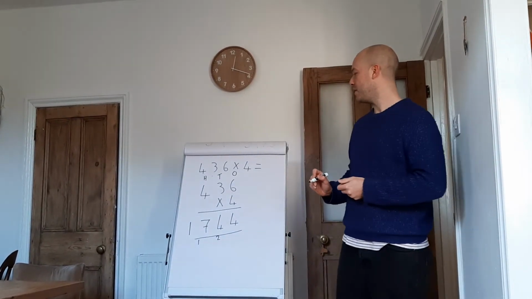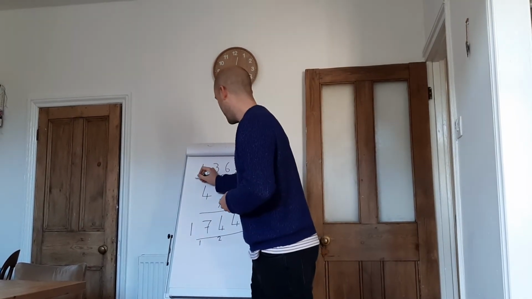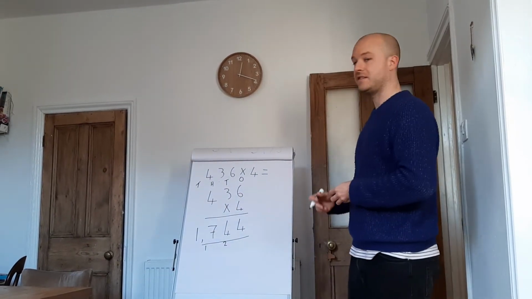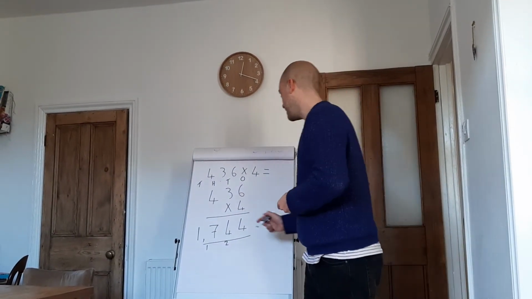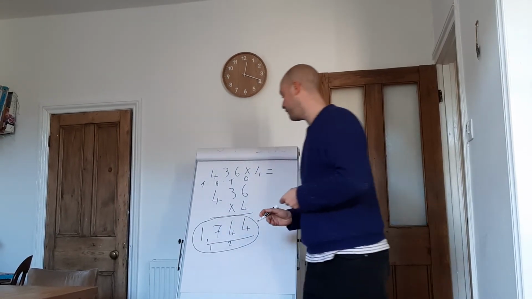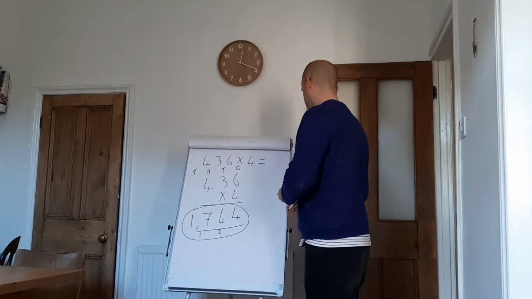What column do you think that might be? That's right, that would be the thousands column. So we're now operating in the thousands. So the answer to 436 times 4 would be 1,744. As you can see, it's not that different to yesterday's work.